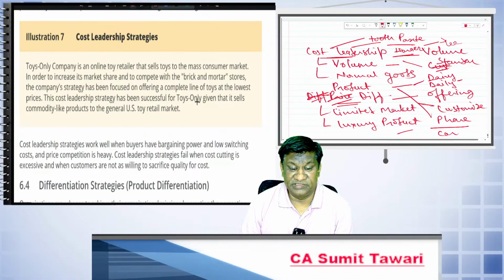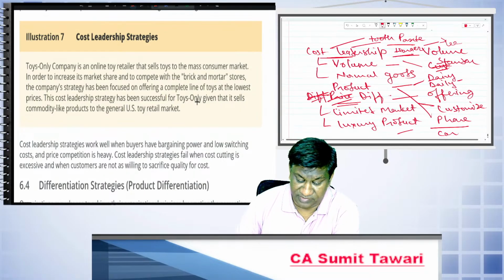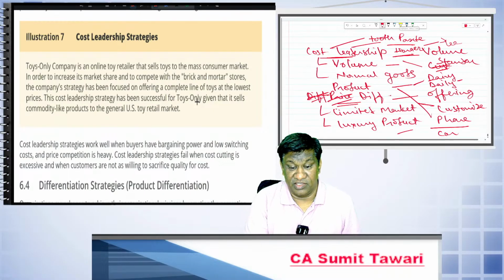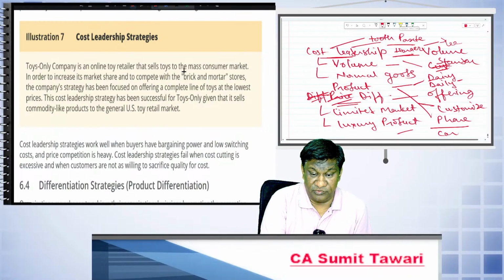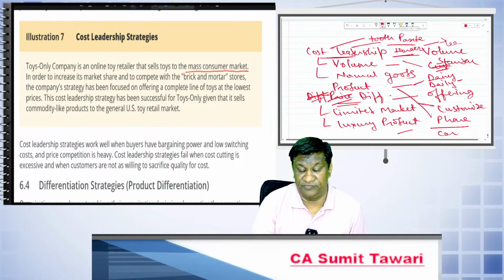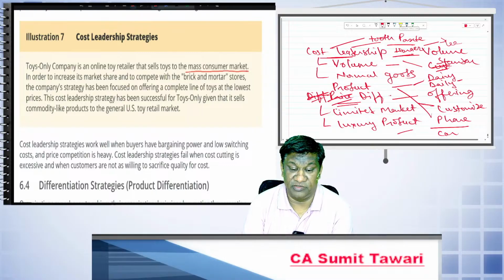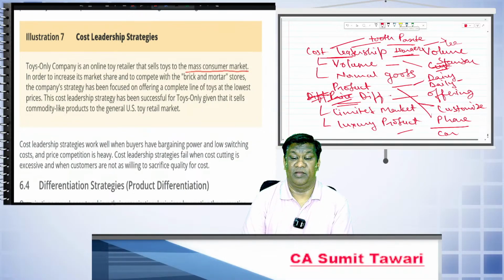Toys Only company is an online toy retailer that sells toys to the mass consumer market. So whenever you are thinking of cost leadership, you need to make sure it should be with a volume, in order to increase its market share and to compete with the brick and mortar stores.